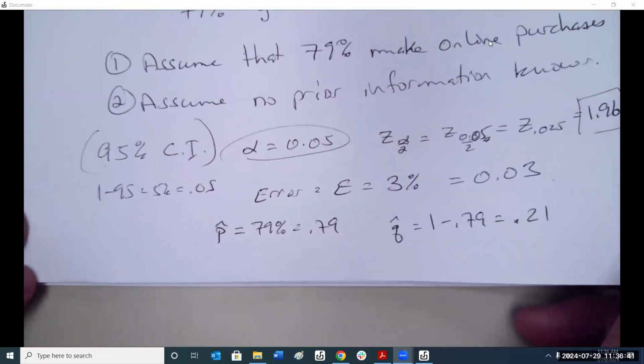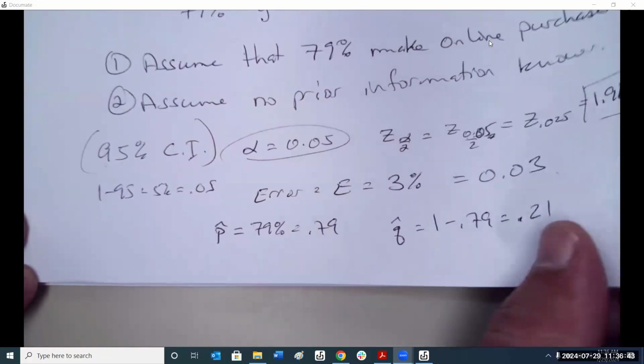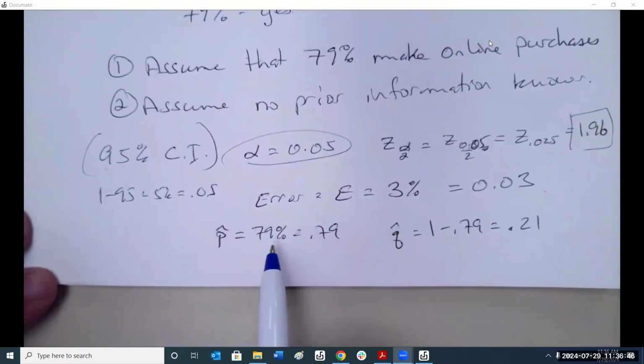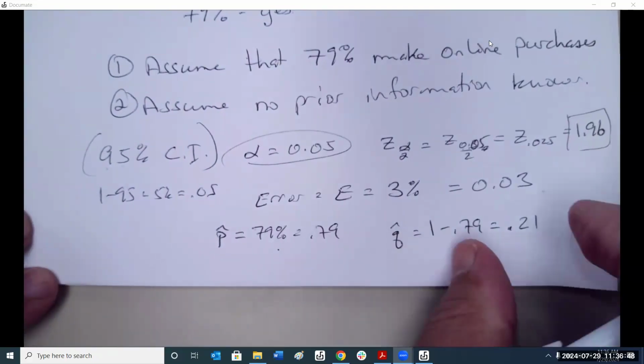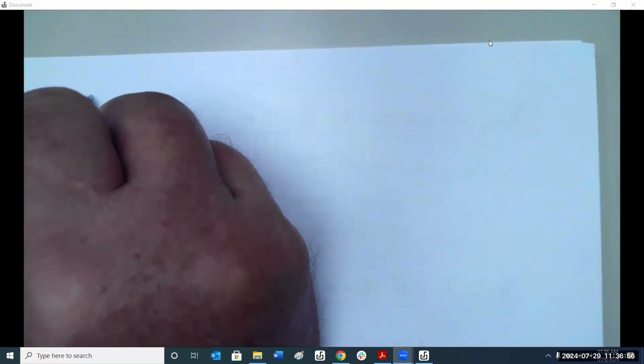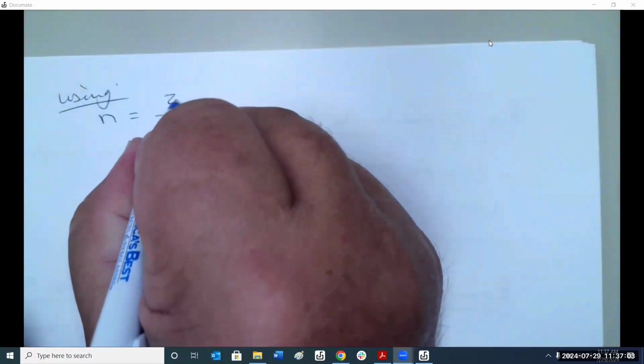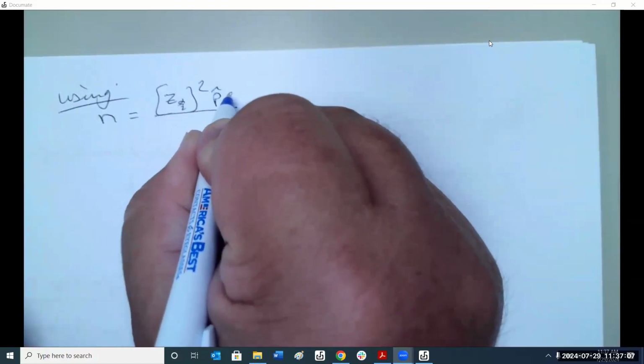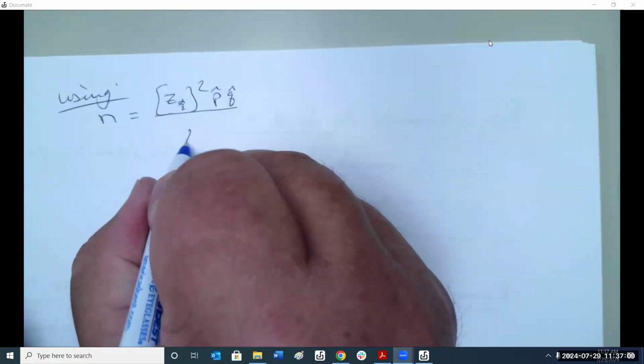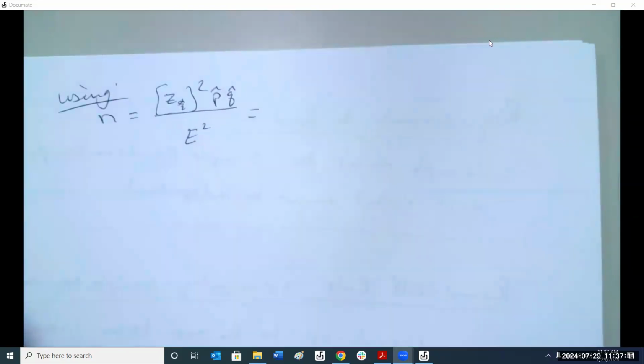Remember, we're finding N. We have our formula for N: N equals our Z value squared times P hat Q hat over our error squared.